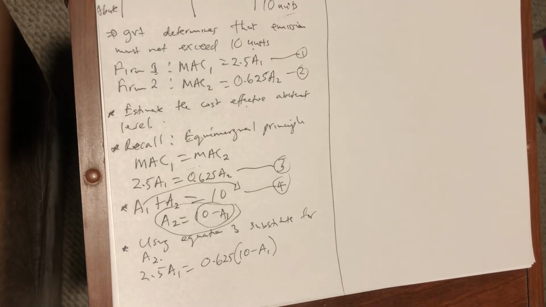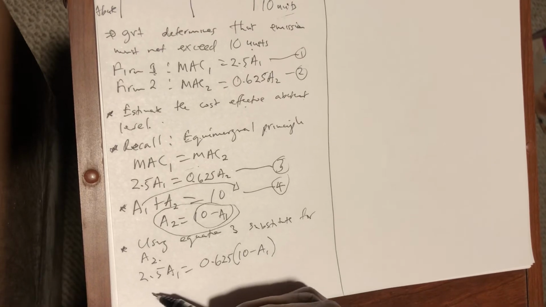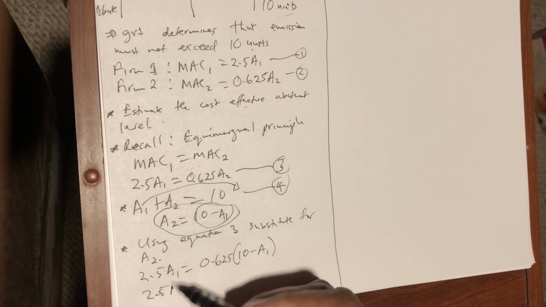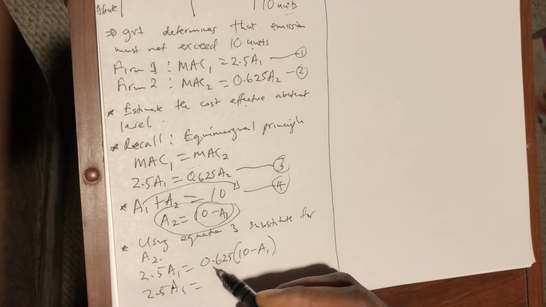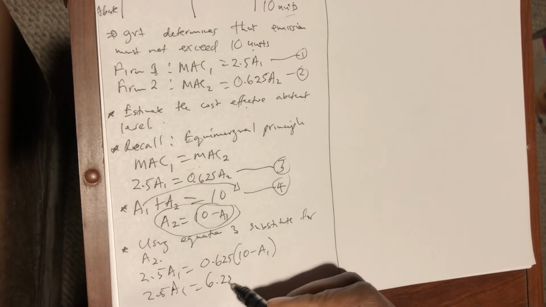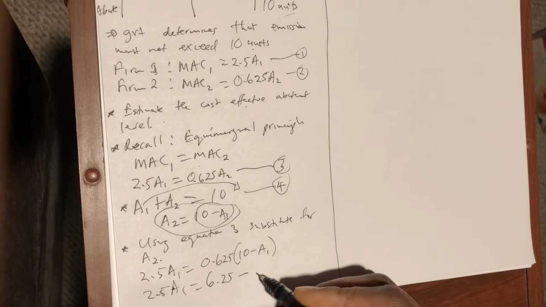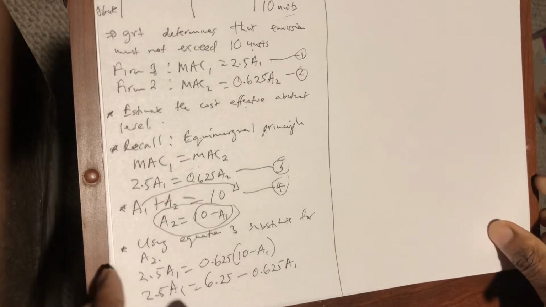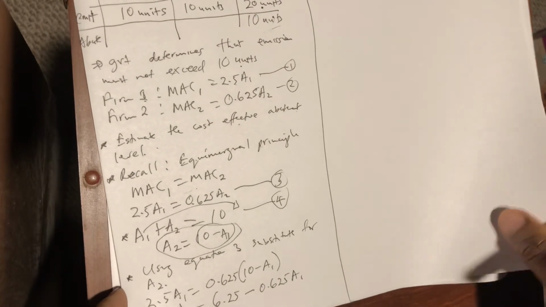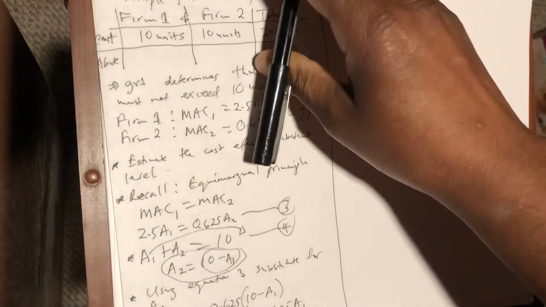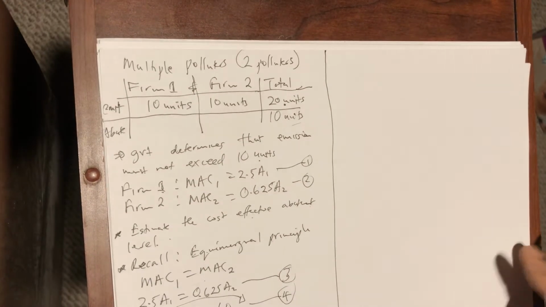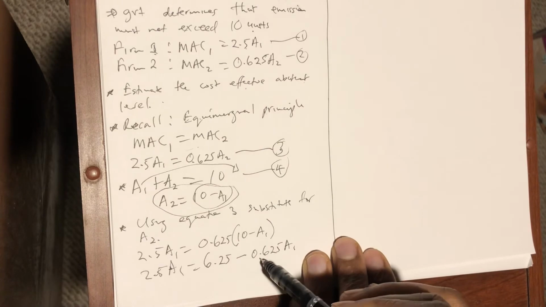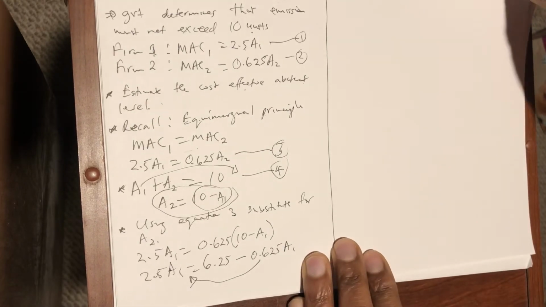Now we can solve for A1. This goes to 2.5 A1 equal to 6.25 minus 0.625 A1, right? Let's get it to the other side and put like terms together.